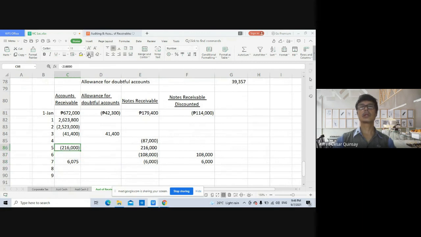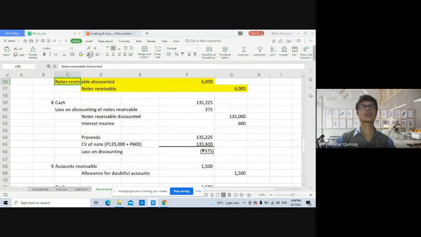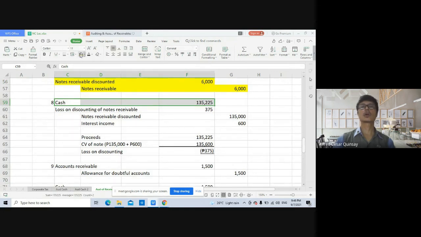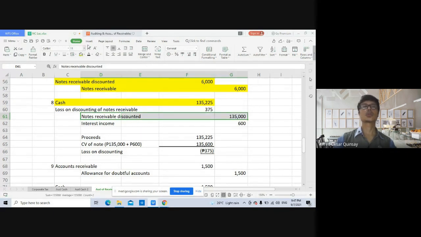And then number 8, that would be debit to cash for 135,200, the proceeds, no? Tapos, first debit to loss on discounting of notes receivable. Ayan. So, ito yung naapektuhan itong dalawa. Okay, as far as yung sa tabulation natin is concerned.